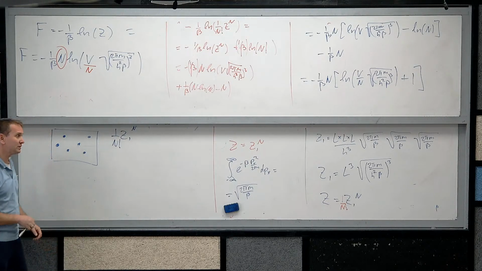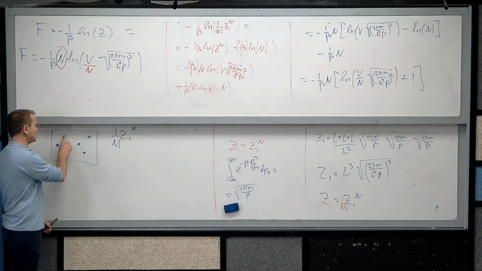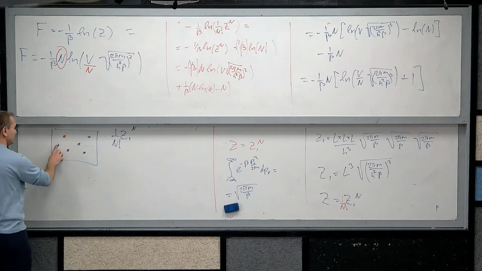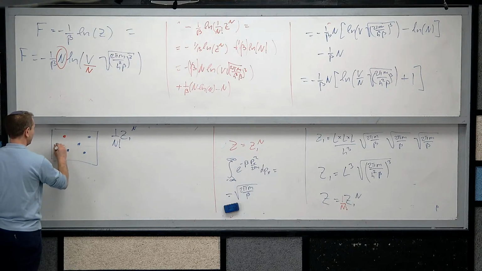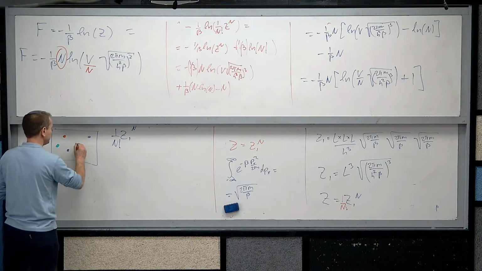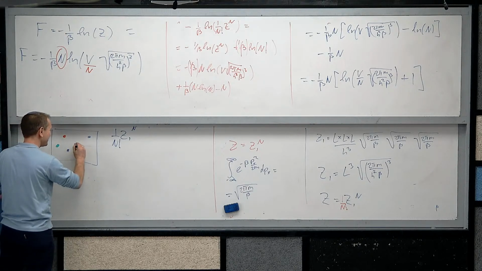But I can do the following. I know that this is a red particle, and this is a green particle, and this is a blue particle, and this is a purple particle. Oh, this is red. Black particle. No, it's a superposition. This is a black particle.